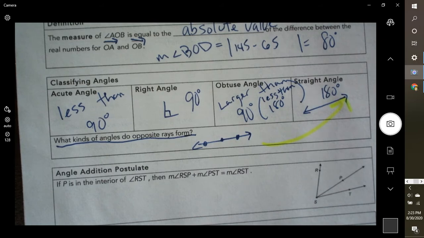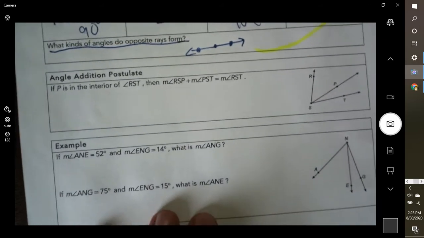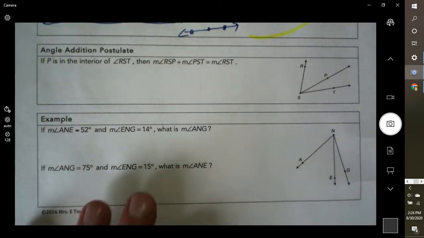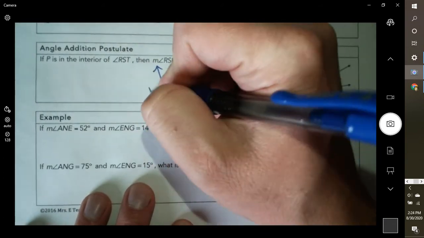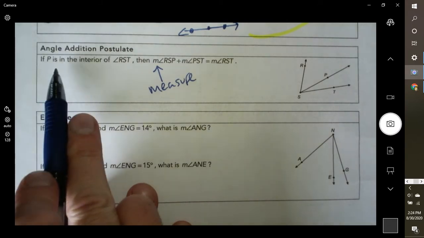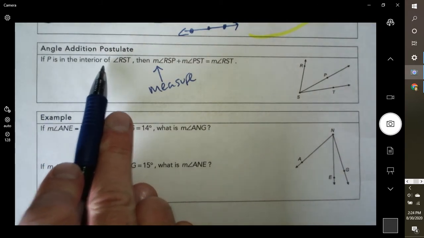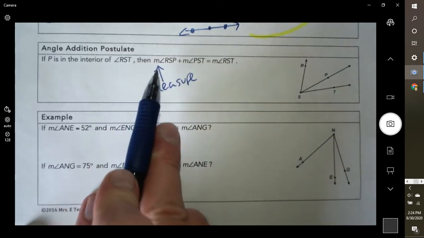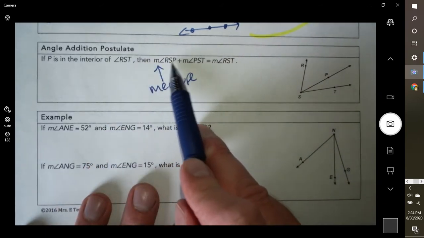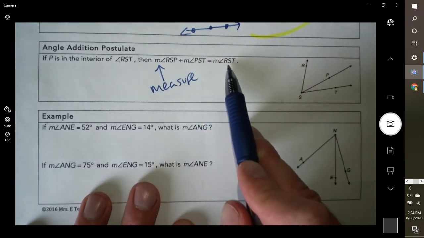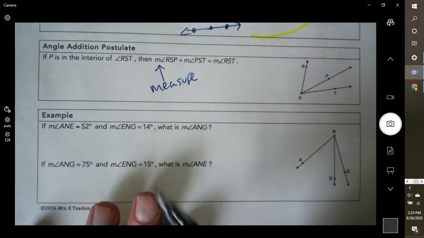All right, and we were just talking about angle addition postulates when we were looking at a couple of examples here. And we just want to highlight here that this M there means measure. So when we read this, if point P is the interior of angle RST, then the measurement of angle RSP plus the measurement of angle PST equals the measurement of RST.